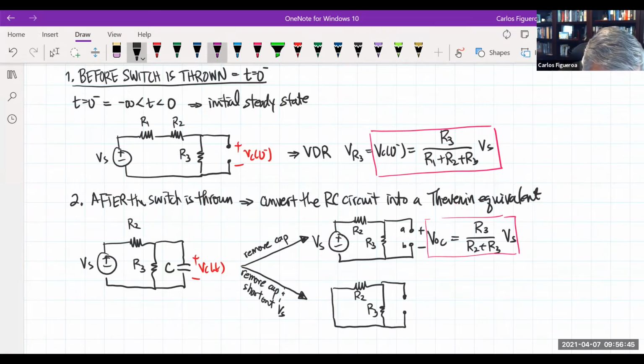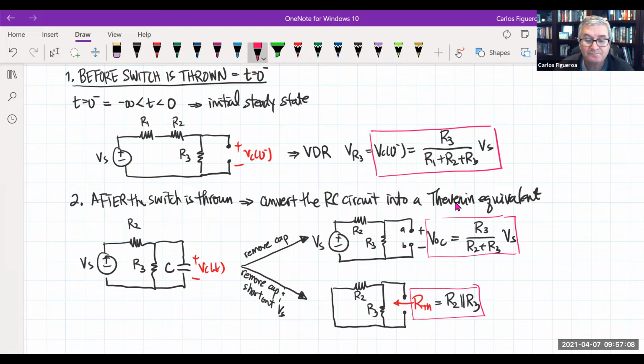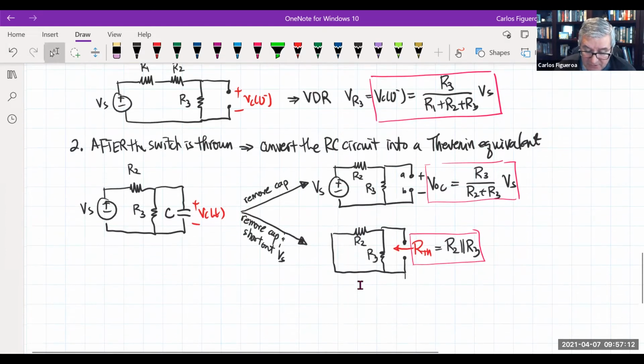I want this Thevenin resistance. When you look at this Thevenin resistance, you can see that R2 and R3 are in parallel. So I can write that these guys are in parallel. So now I have my Thevenin parameters right here. So those are my two circuits.